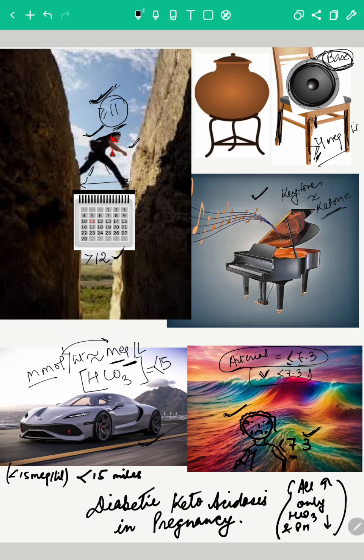So 4 onwards is the base deficit. Base deficit has to be there. It has to be more because it is acidosis. When there is acid, the base is deficit. The more the deficit is, the more is the acidosis. And this pot stands for potassium.